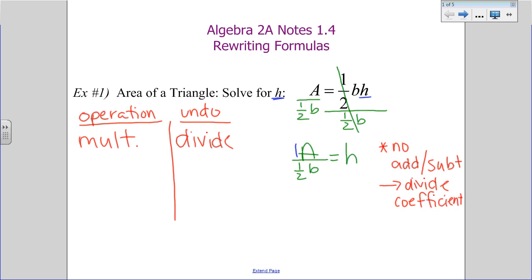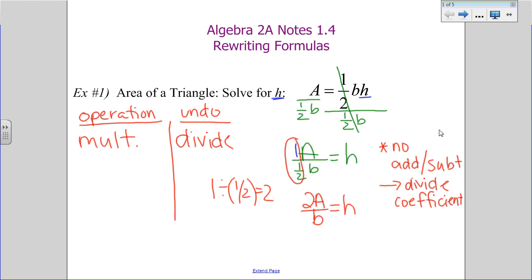So I'm going to go to my calculator and do 1 divided by 1/2. Remember to use your parentheses. And that equals 2. So I'm going to have 2a divided by b equals h.